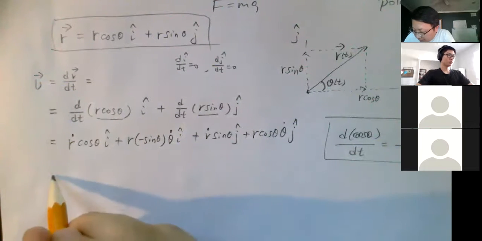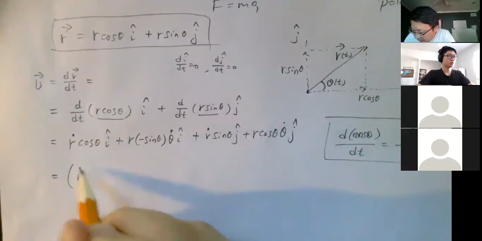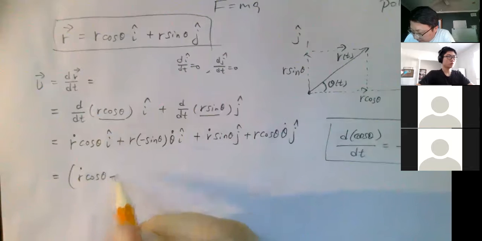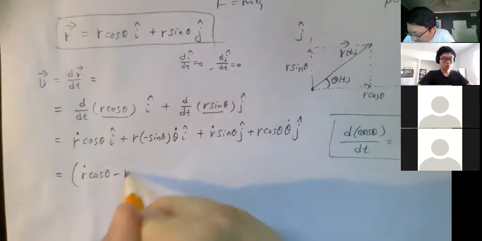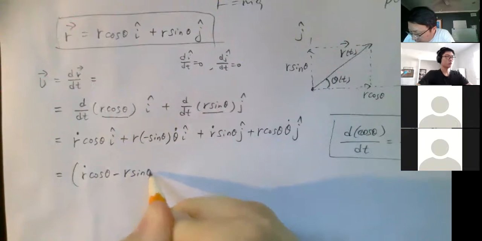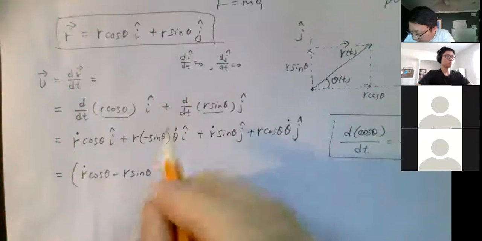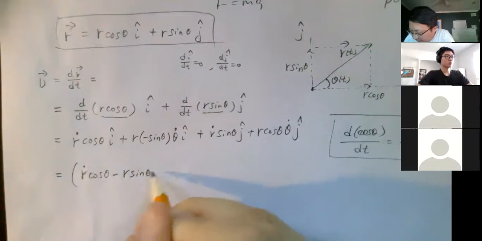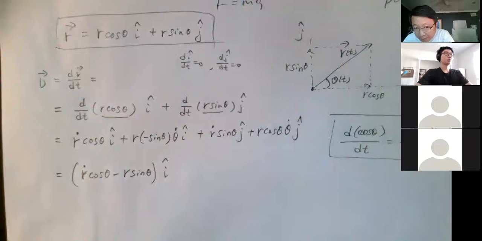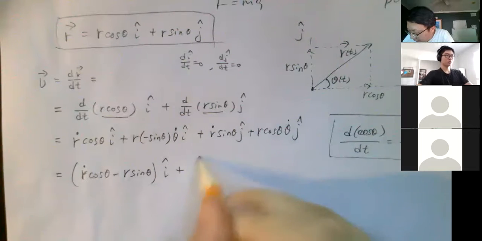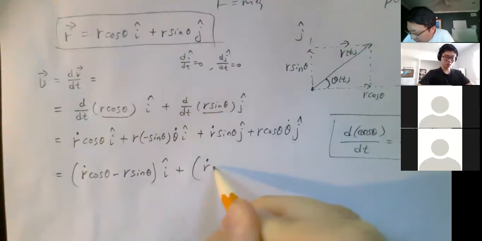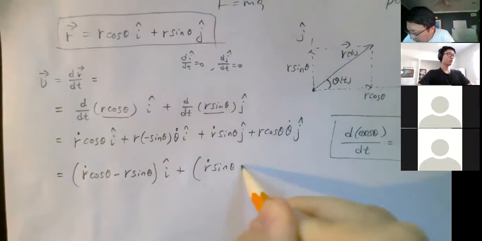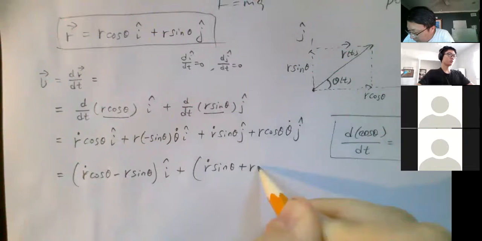Got it? So in our case, it's basically r dot, dr dt, cosine theta minus r times sine theta theta dot. This is x direction, and what is y direction is r dot sine theta plus r theta dot cosine theta.